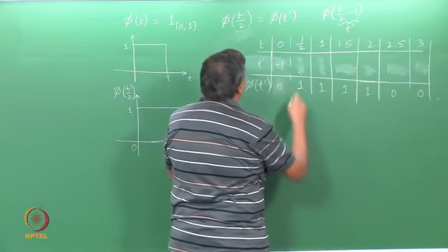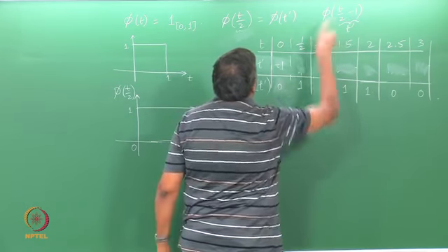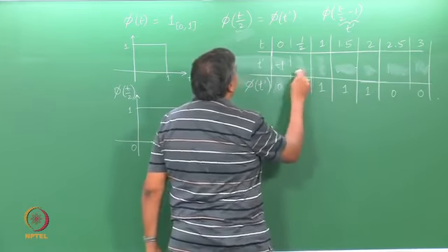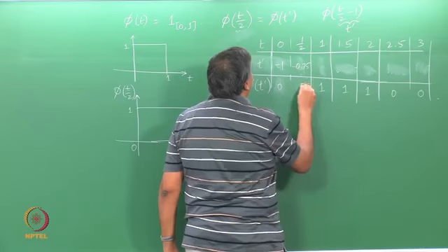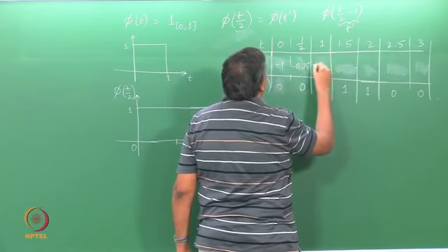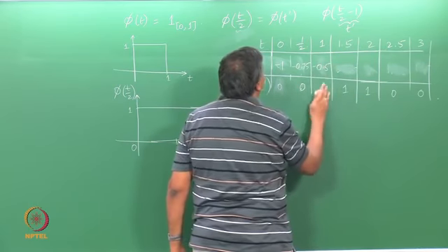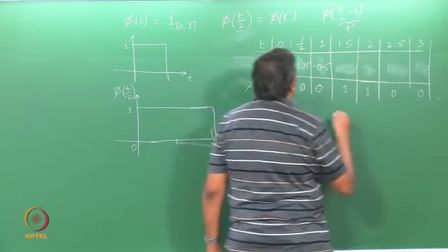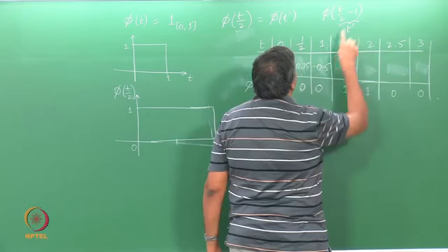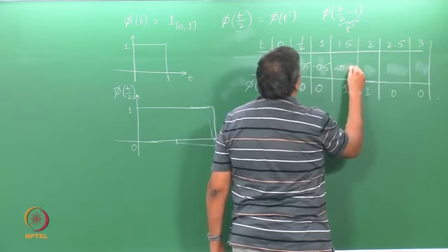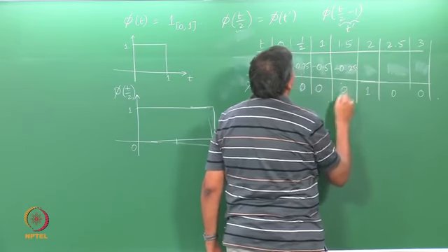So, 0. When t is half, I have 1/4 minus 1. So, I have minus 0.75 and once again this is 0. When t is 1, t prime is minus 0.5. So, phi of t prime remains 0 and when t is 1.5, t prime is minus 0.25 and phi remains 0.